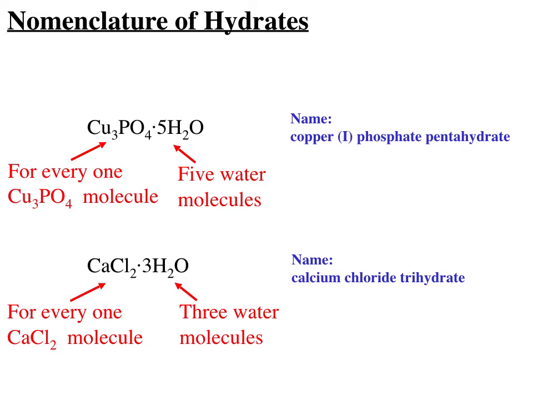So if I were to correctly state the name of this particular empirical formula, you see it to the right. I write copper, Roman numeral 1, phosphate, and then to indicate the number of water molecules incorporated, I write pentahydrate.